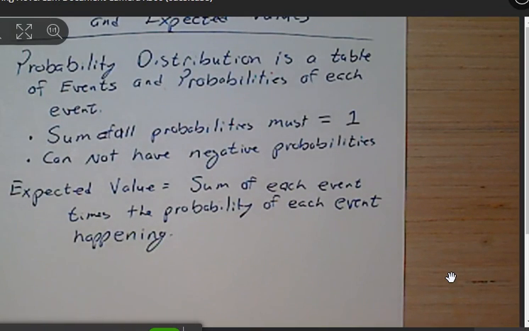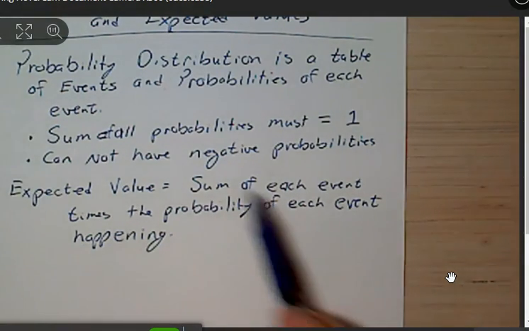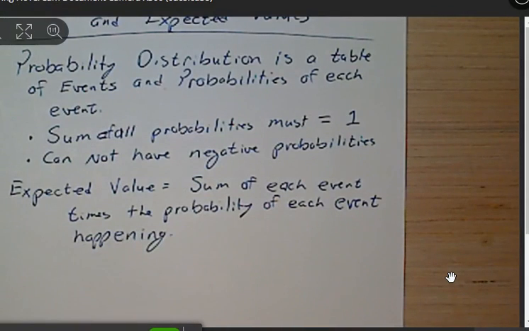So let me give you some examples. That's all the notes. There's not really any particular formula, this is just your expected value formula. And we'll show you a couple of examples that go with this.